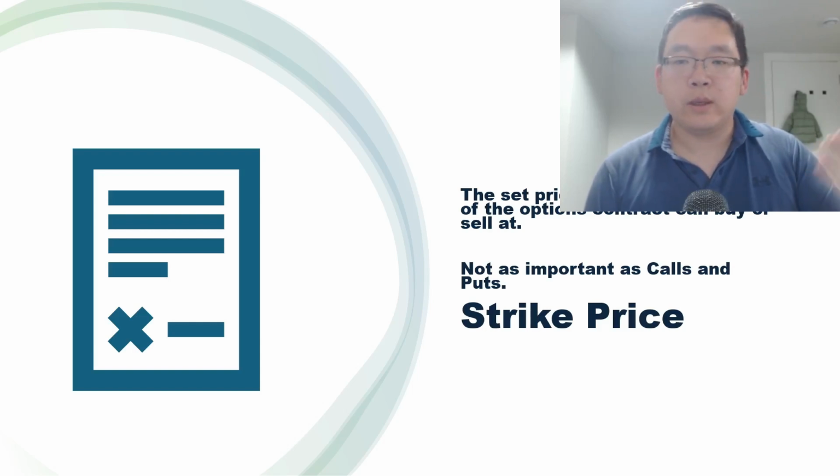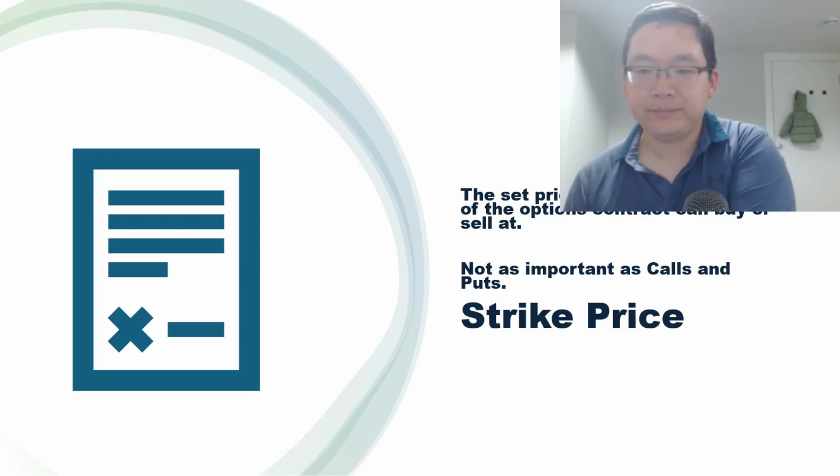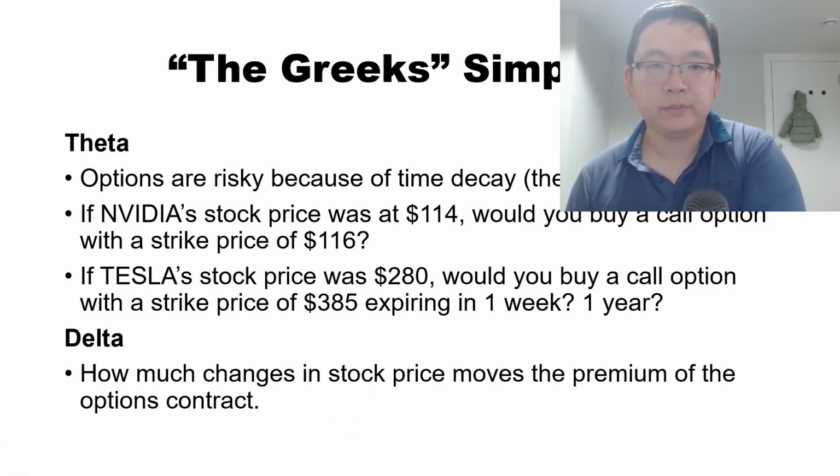So essentially, the strike price is a set price at which the owner of the contract can buy the stock and then sell it. And again, it's not as important as calls and puts.